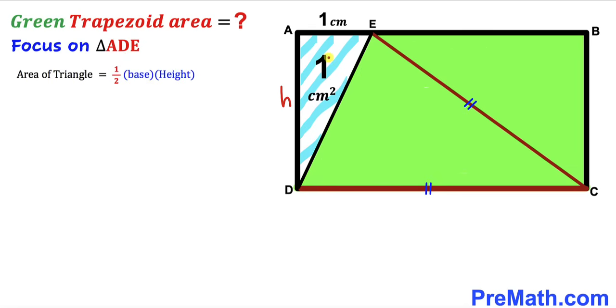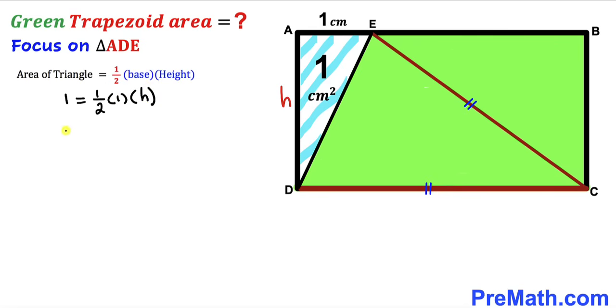In our case, the area of this triangle is 1 centimeter square, the base is 1 centimeter, and the height is lowercase h. Let's fill in the blanks to solve for h. Our area 1 equals a half times our base 1 times our height lowercase h.